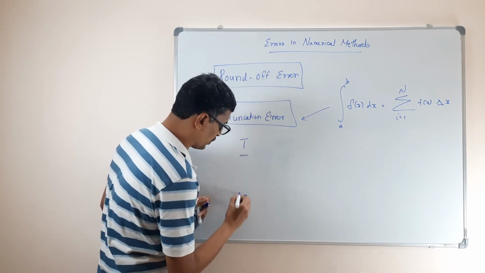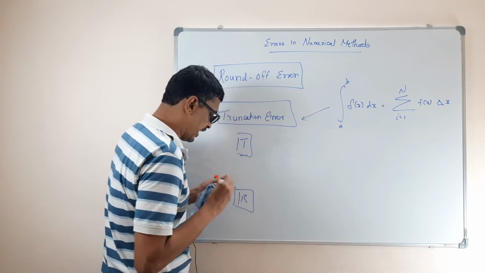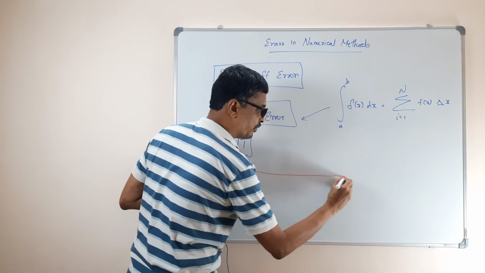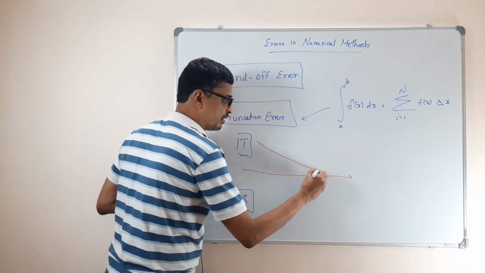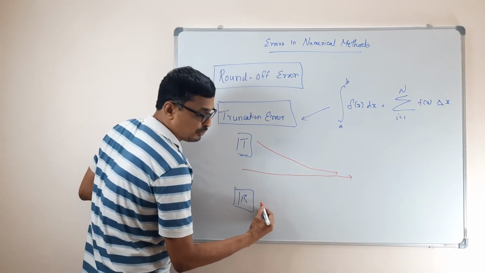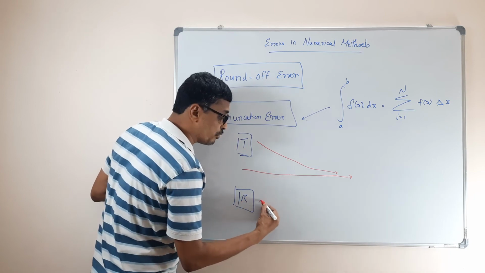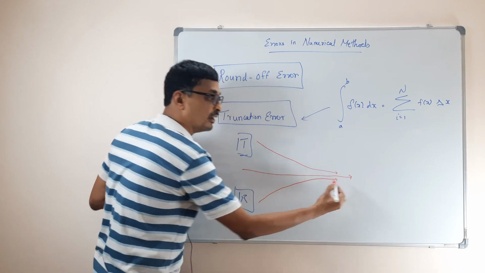As I keep adding terms more and more in any expression, the truncation error goes down, right? On the other hand, when you add the first term, the round-off error will be minimal, only one number. As you keep adding more and more terms, the round-off error will keep increasing.